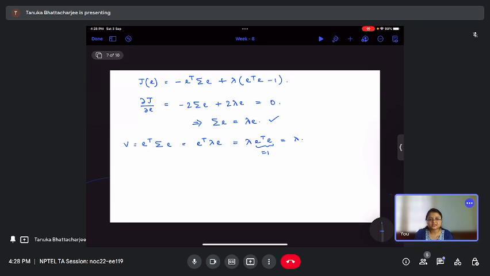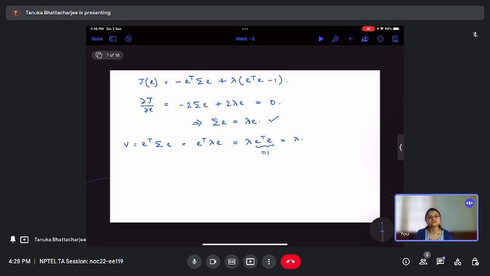Since you want to maximize this variance, if you choose lambda as the highest eigenvalue of the covariance matrix, and you project along E as the corresponding eigenvector, the eigenvector corresponding to the highest eigenvalue of the covariance matrix sigma, then you will get the variance V as the highest lambda value.